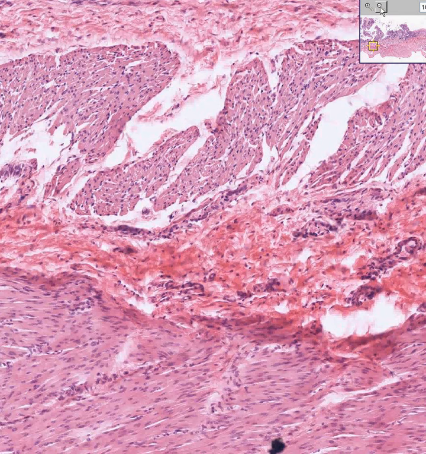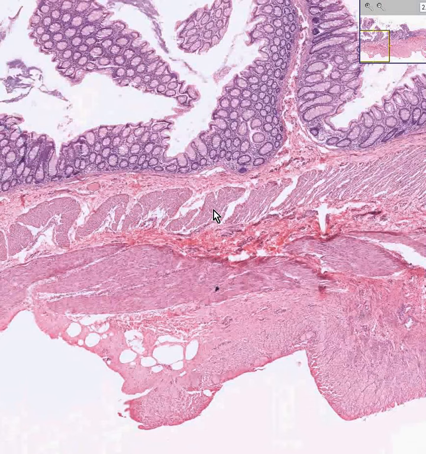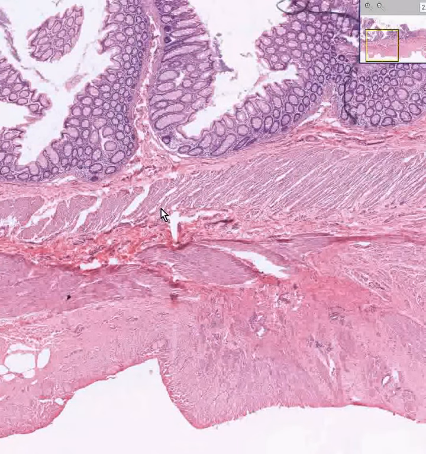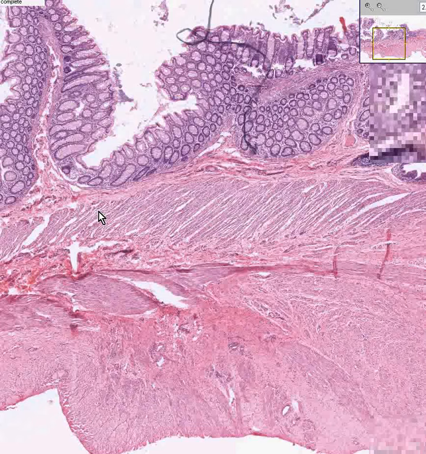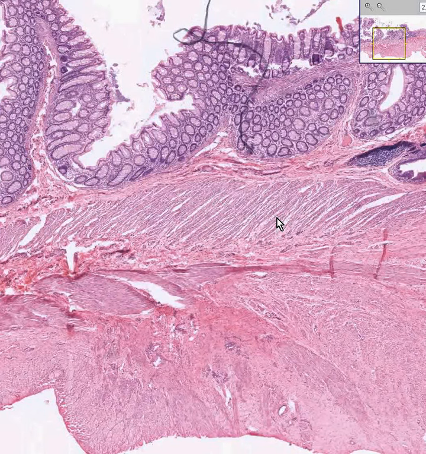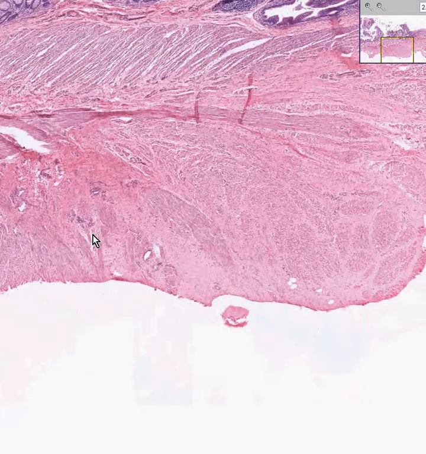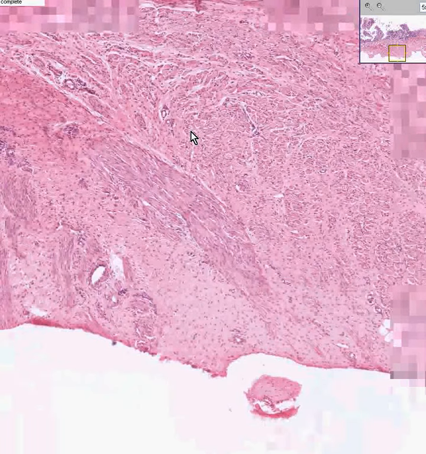But that's not what I really wanted to point out to you. What I want to point out to you is that this inner circular layer all of a sudden becomes quite a bit thicker. Well, that's the internal sphincter, which is smooth muscle. Notice that external to this, you see muscle fibers, which are also running circular with respect to the axis of the GI organ.